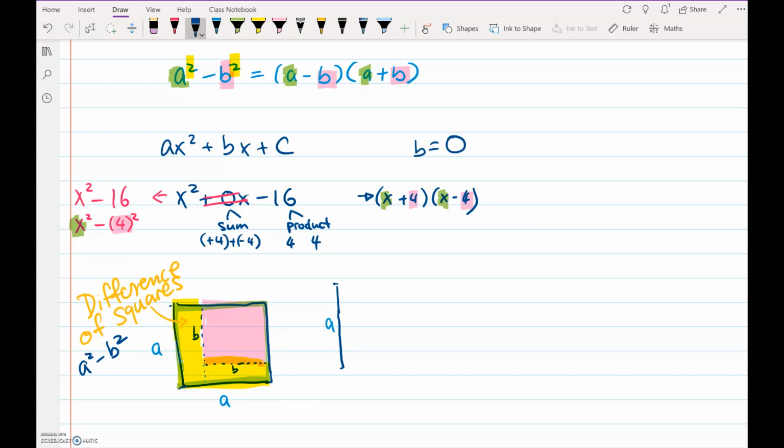And I have this block right here. This side is also a. What I have here on top is a minus b, right? So I have a minus b right here. On the bottom right here, I also have a minus b. So that's the first part of my area.